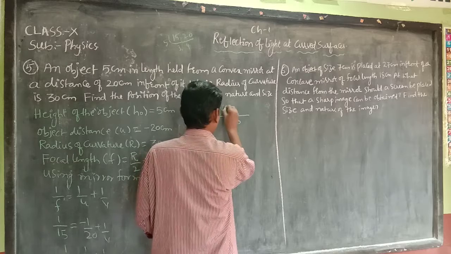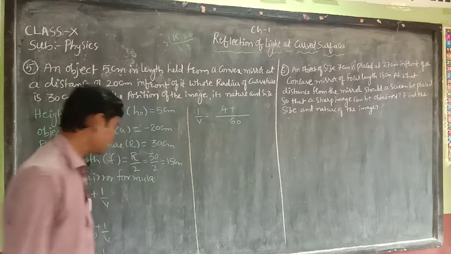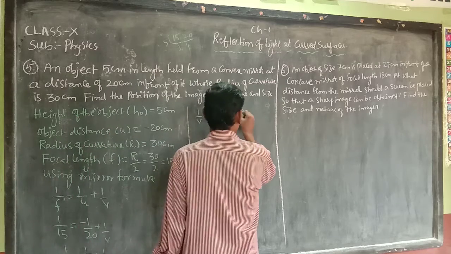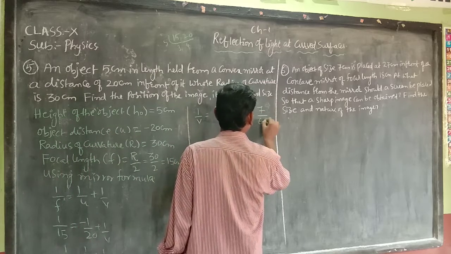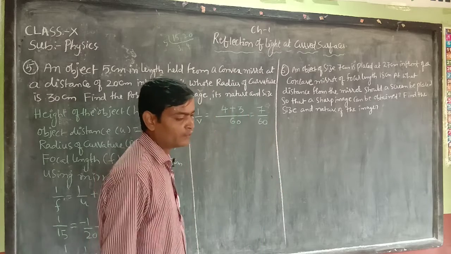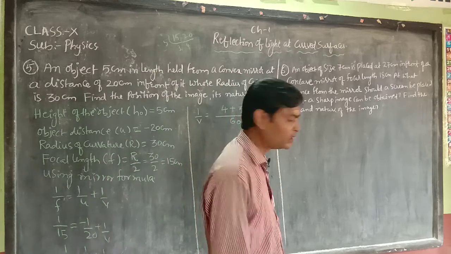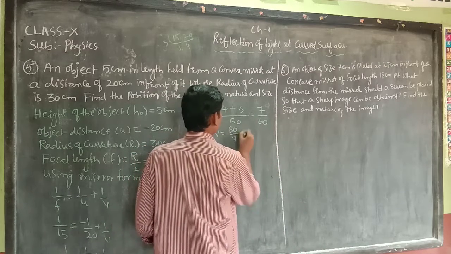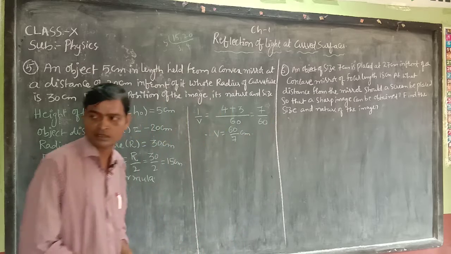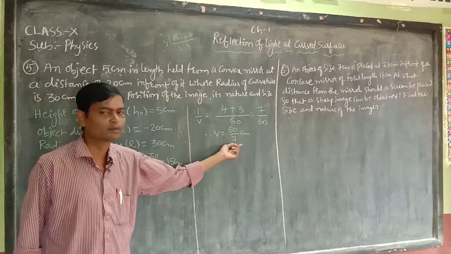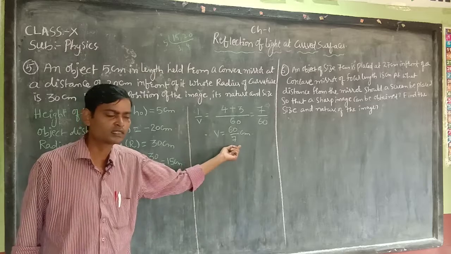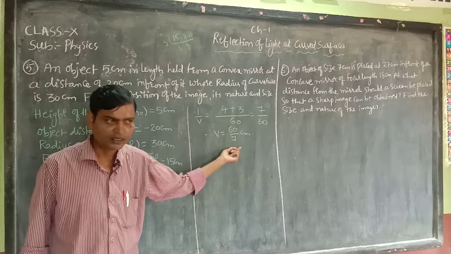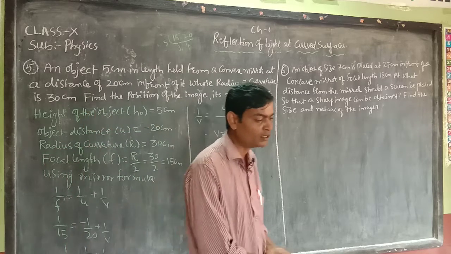So 4 plus, in the 20 table, 3 times. So 4 plus 3 will be 7 by 60 centimeters. Therefore, V is equal to 60 by 7 centimeters. This is the image distance or position of the image.